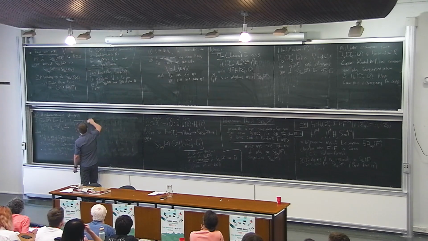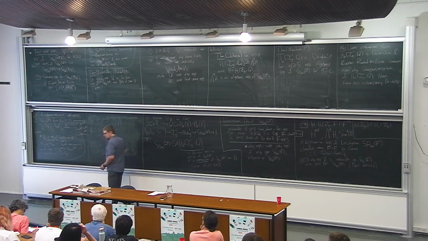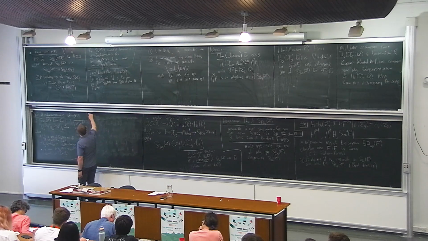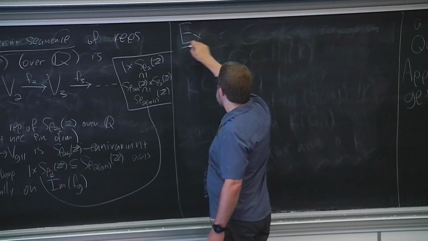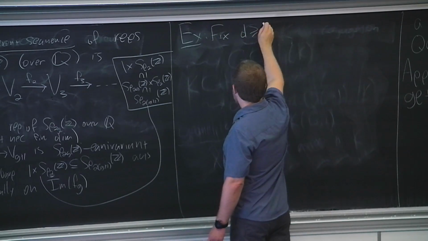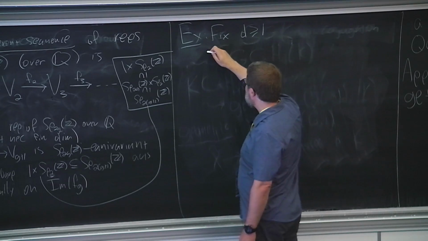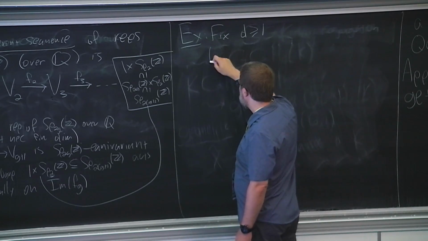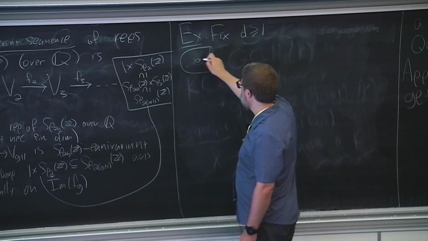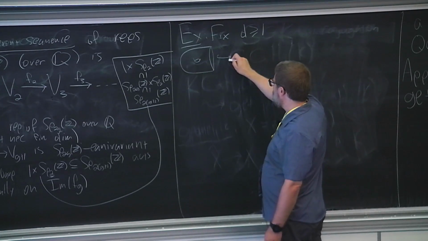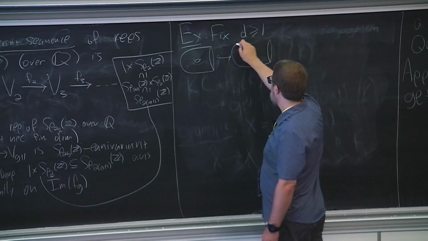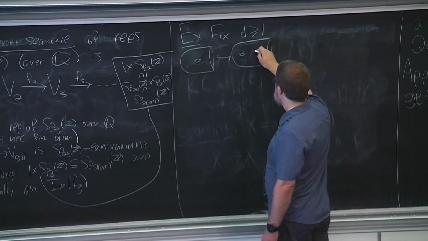So consider, we have the following. So let's fix D. One, and so now we have this increasing sequence of surfaces. There's a genus 1 surface that embeds inside a genus 2 surface.